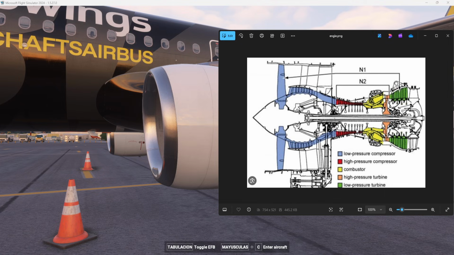So then the air enters the combustion chamber, and here we are going to inject fuel by what? By fuel nozzle. Once we inject fuel, it's like the car and the piston right now. Once we inject fuel, we are going to have igniters, or we call them spark plugs.